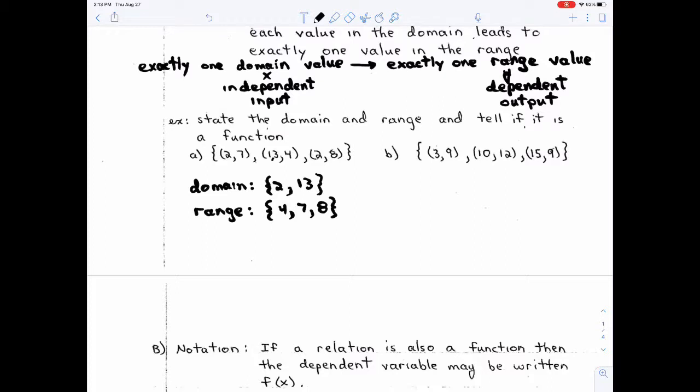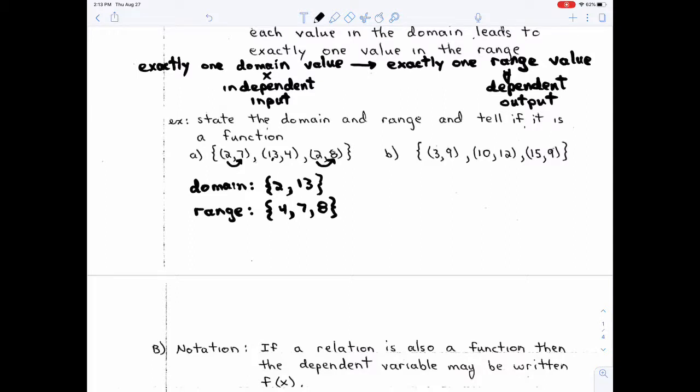Well, here's the idea. When x is 2, what's y? You'd say, well, when x is 2, y is 7. Could an x value of 2 ever give me something other than 7? Yes, because notice here on the end, it could give me an 8. So if I hand you an x value of 2, do you hand me back exactly 1 y, or could you hand me back more than 1 y?